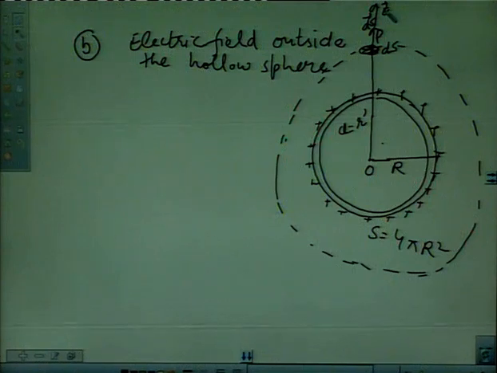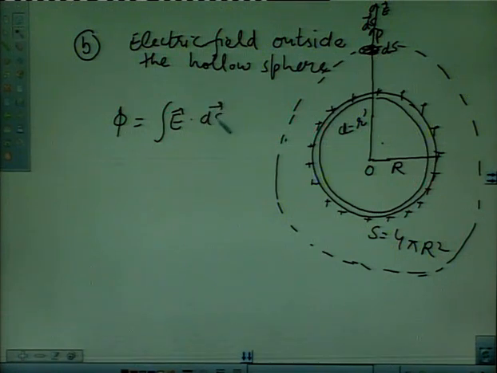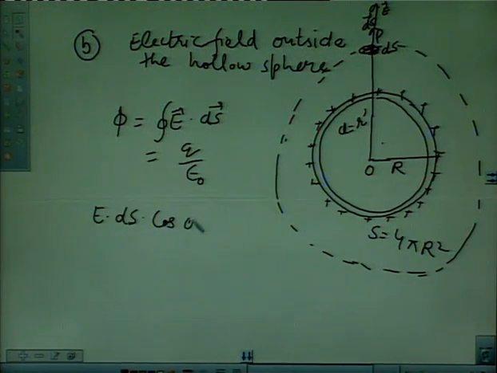So again applying Gauss's law, we have integral of E into ds into cos 0 degree is equal to q upon epsilon naught.